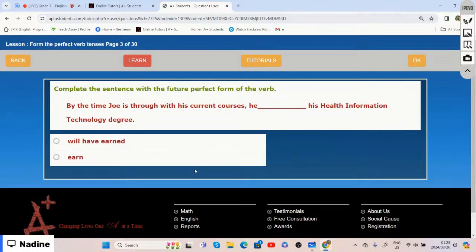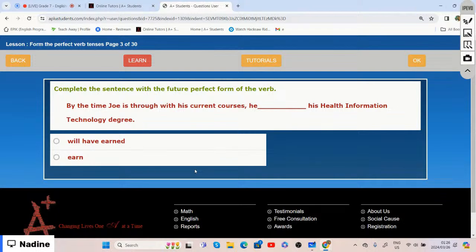All right. Now we need to complete the sentence with the future perfect form of the verb. It says, by the time Joe is through with his current courses, do we say he will have earned his health information technology degree, or do we say he earned his health information technology degree?